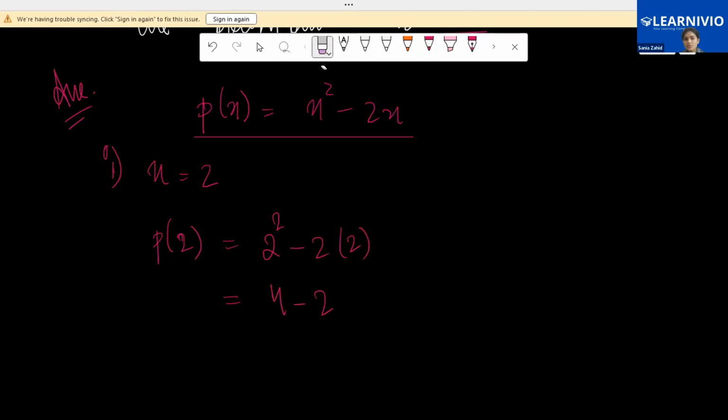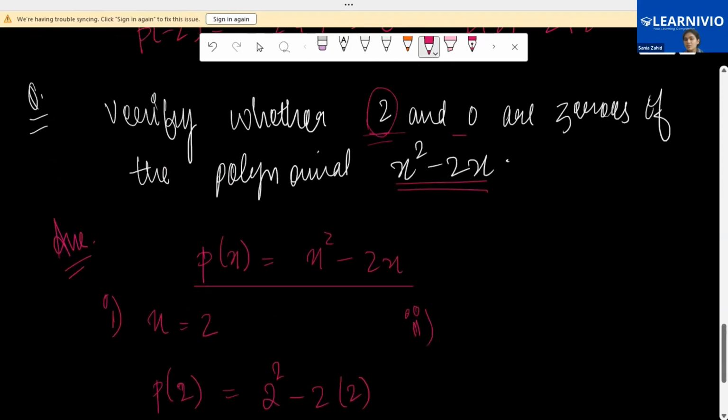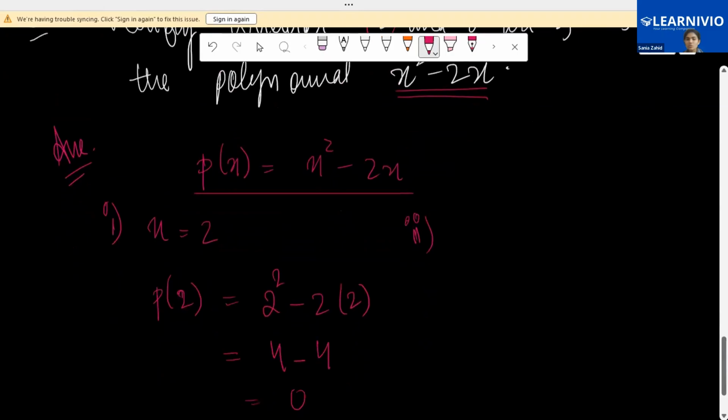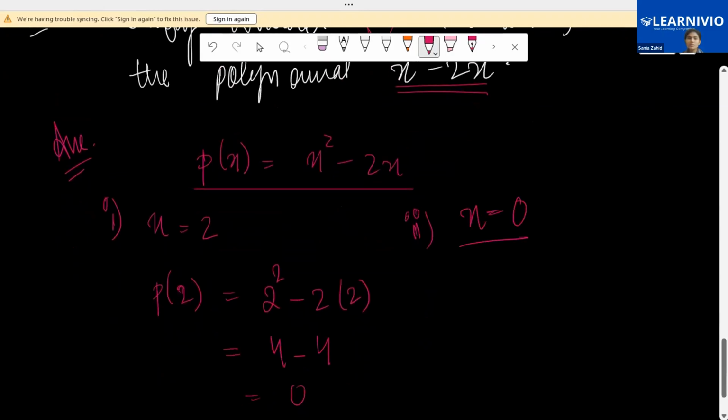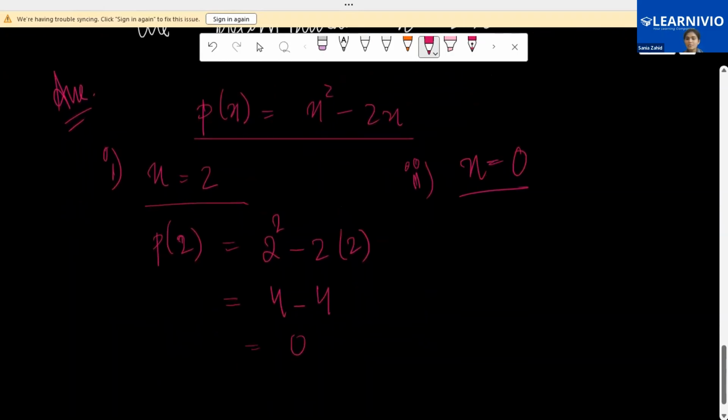So 4 minus 2 into 2, which is also 4. 4 minus 4 gives you 0. You understand this? Yes. Now similarly, can you solve the second one? In the second one, what is the value of x? 0. So just put x is equal to 0. Tell me how will you do? This is the polynomial.